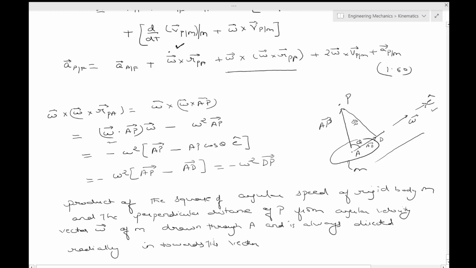So this vector DP which you have is actually omega cross omega cross AP, and you can see its direction.